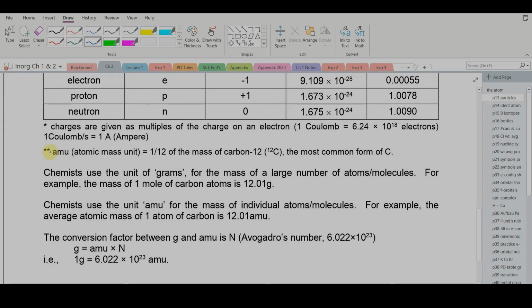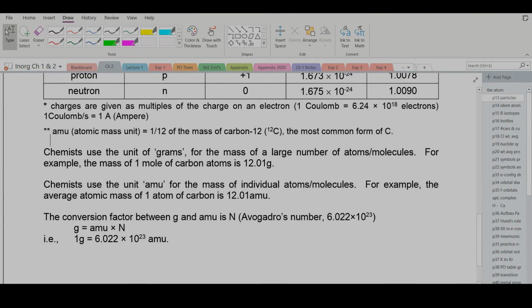Since 1961, the atomic mass unit was defined as 1/12 of the mass of a carbon-12 atom. We'll talk more about this notation in just a moment. And that's the most common isotope or form of carbon. Now, we as chemists or technologists use the unit of grams for mass when we're discussing large numbers of atoms or molecules.